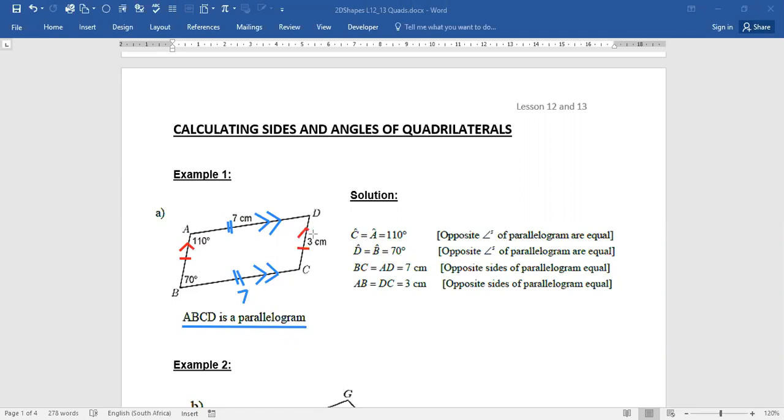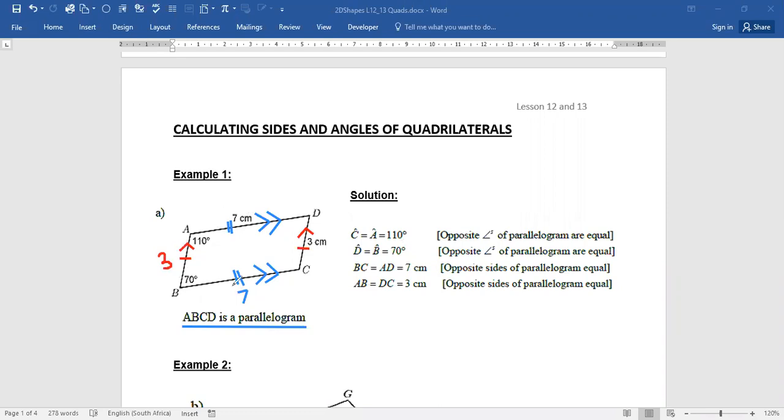We need the fact that they are equal, because if DC is 3, then AB is 3 as well. So write 3 here for AB. So 7, 7, 3, 3.